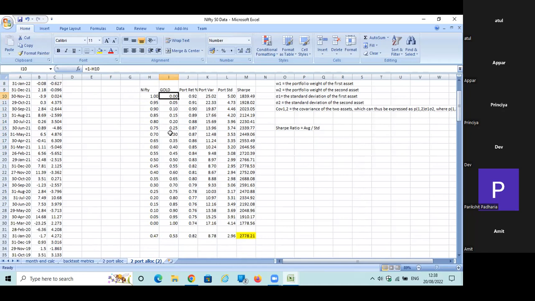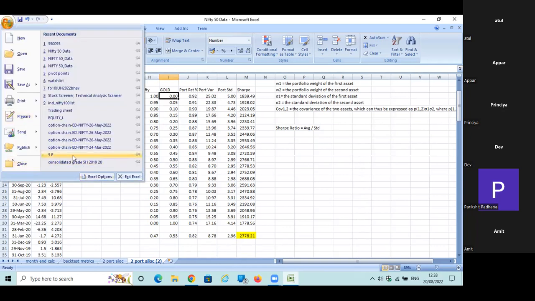All right, now solve the equation. Excel options. Excel options.